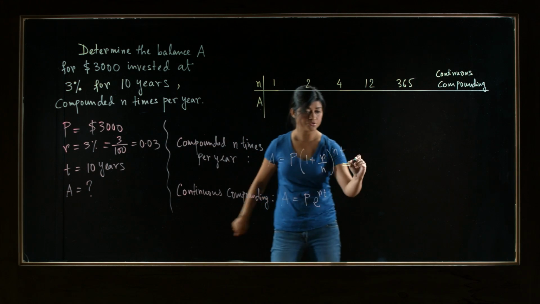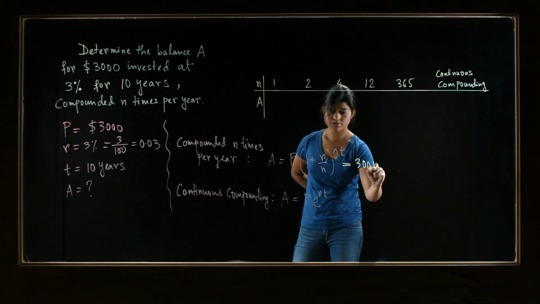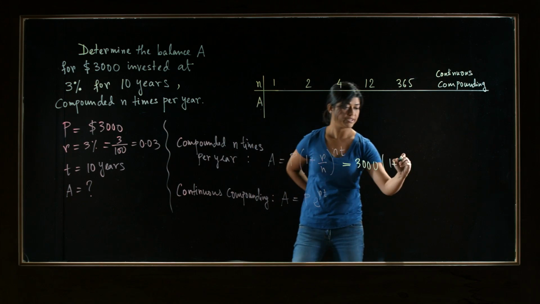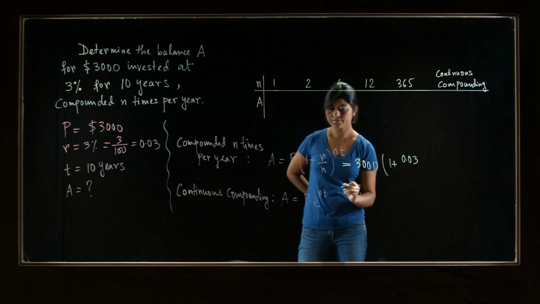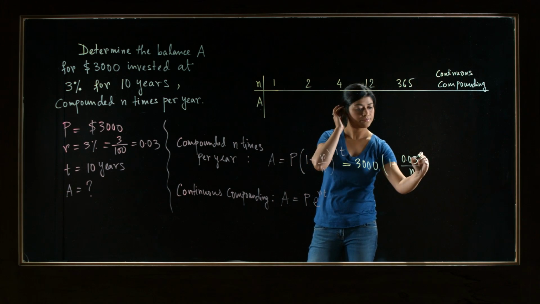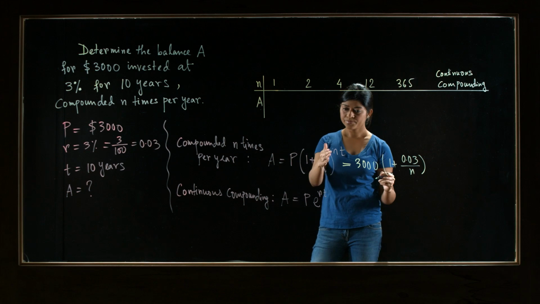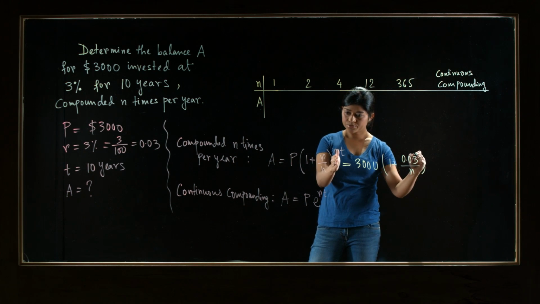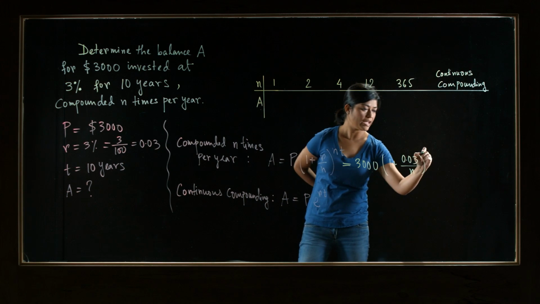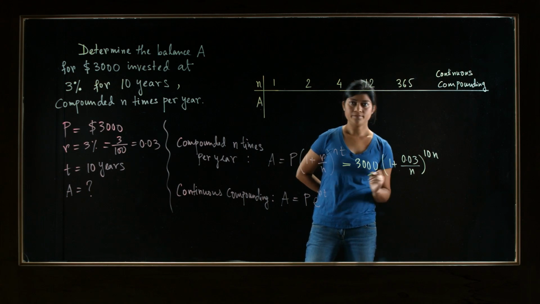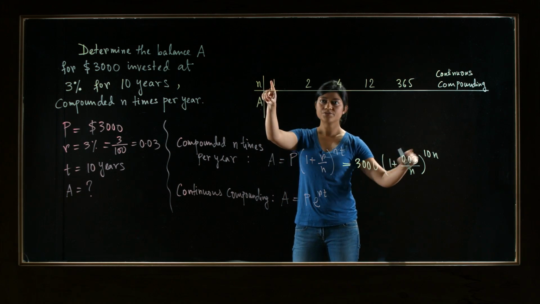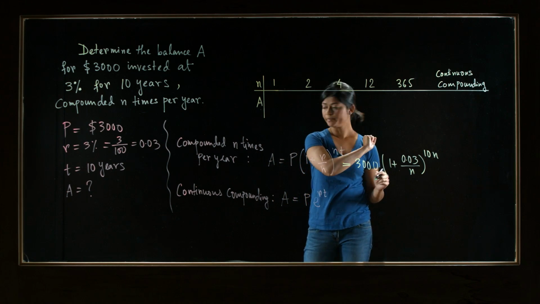So we know P is 3,000, so this will be 3,000 times 1 plus, we know R is right here, 0.03, and then n, we have to figure out various n's, so we'll do that along the way. And in the exponent, we have n times t, well t is 10, so we'll have 10n.